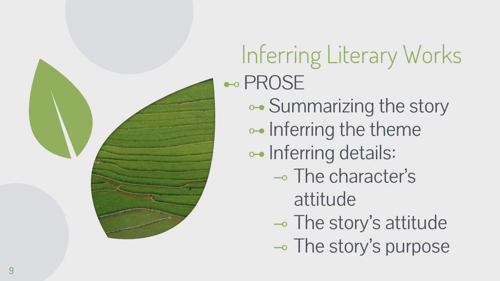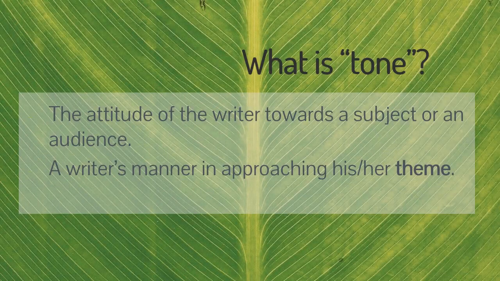If you say that the theme is A, then you need to be able to find other elements of the text that help you to convince your readers that yes, the text actually wants to say this. And those elements are, one of them is the tone.